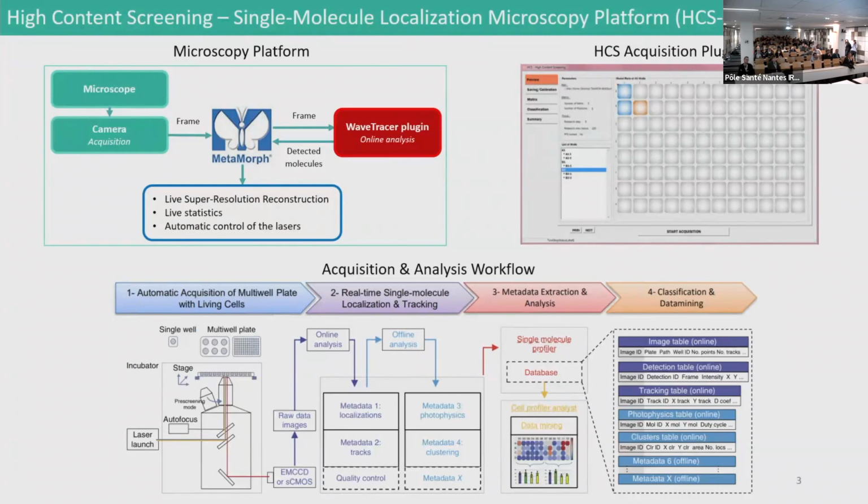And after that, there is an offline analysis that can be done to extract more photophysical properties or other characteristics of the proteins. And after that, with some homemade or already existing software, we are able to do metadata extraction, analysis, statistical visualization, and so on.